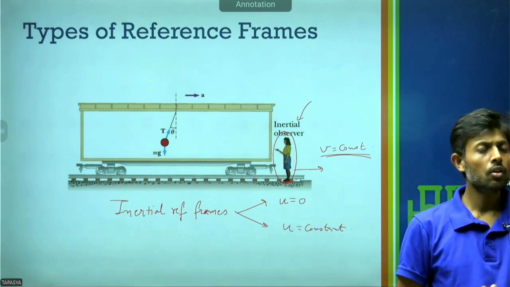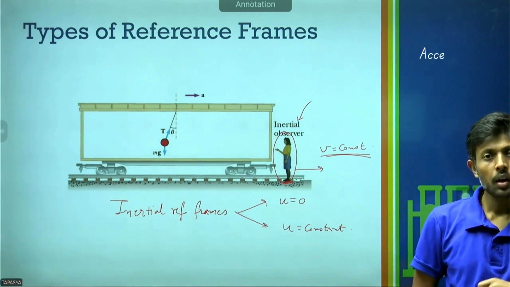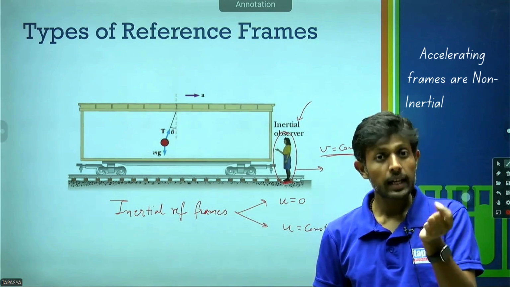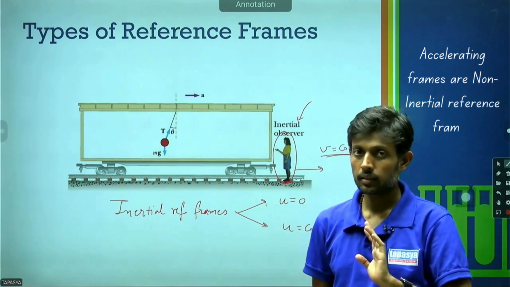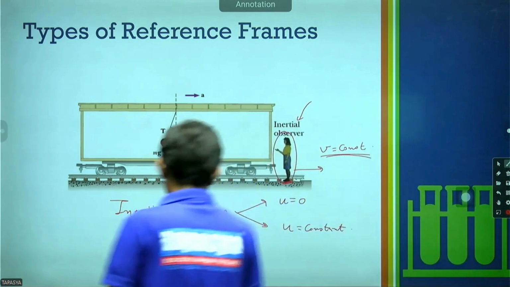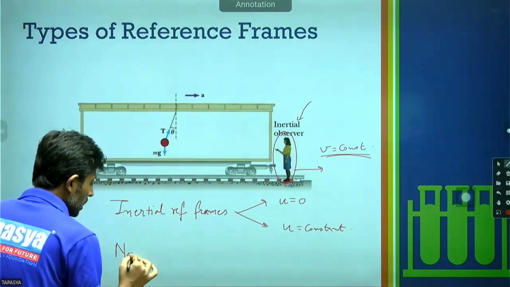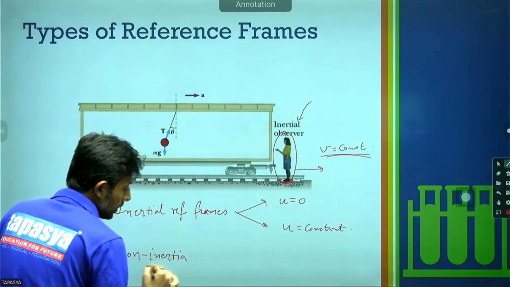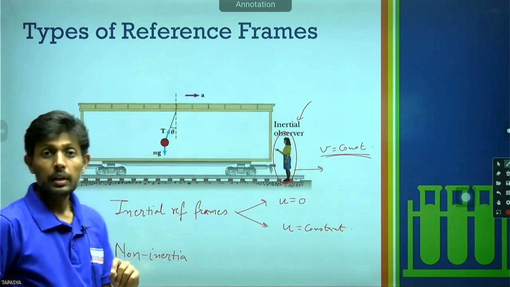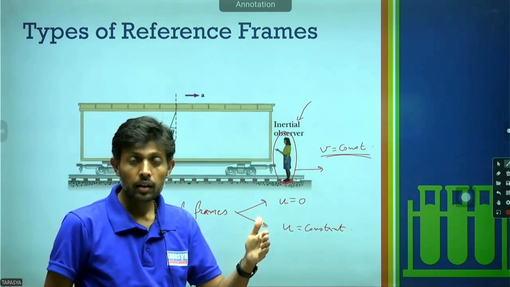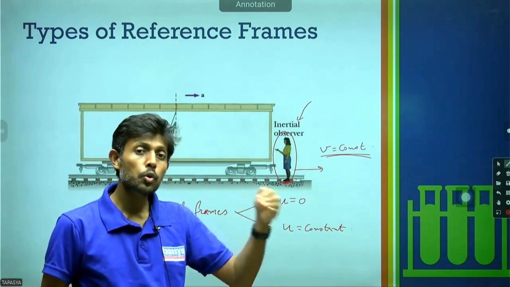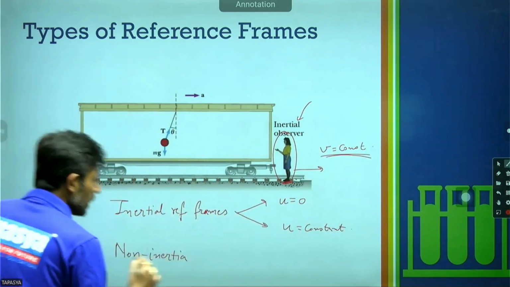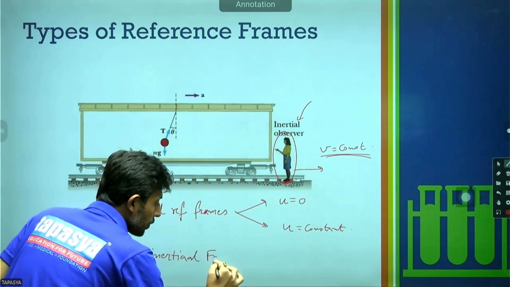Let's take a look at non-inertial reference frames now. Non-inertial reference frames would be those reference frames that are accelerating. If any frame is accelerating, it's moving, and that motion is accelerated motion, only then we would call it a non-inertial frame of reference.